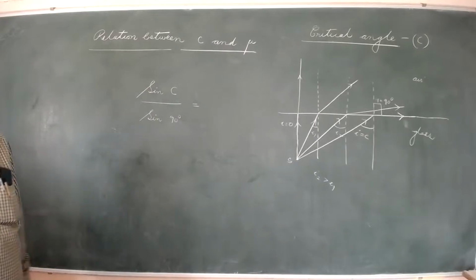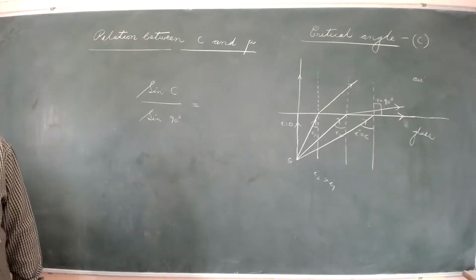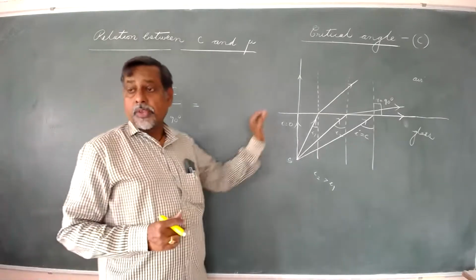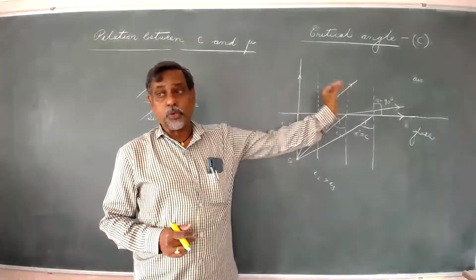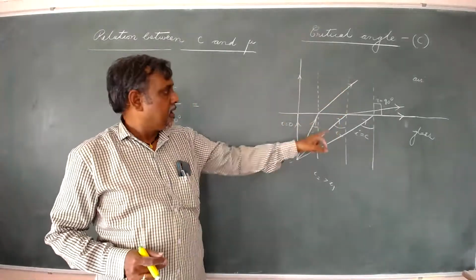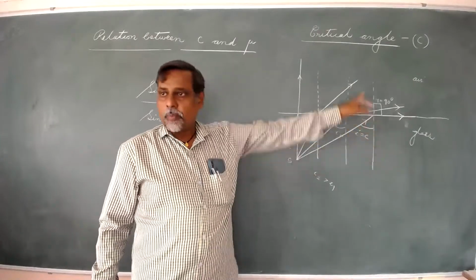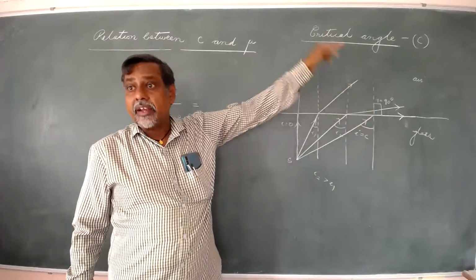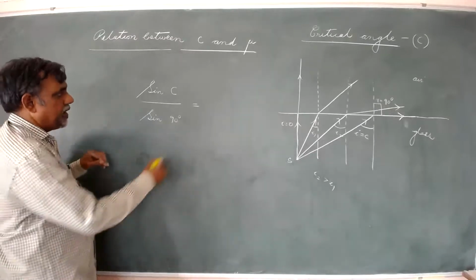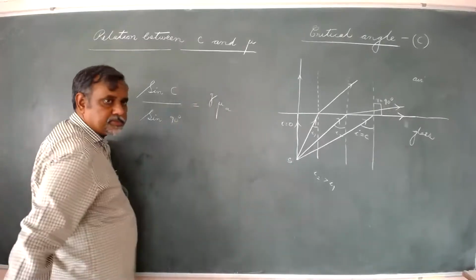Which medium's refractive index will you get? I told you, the medium which is just opposite to the angle of incidence, that medium's refractive index you will get. Here the angle of incidence is C, and the medium opposite to that is air. So you will be getting the refractive index of air with respect to glass.